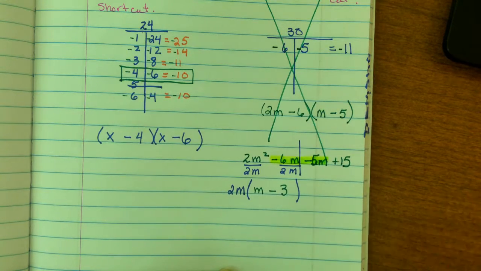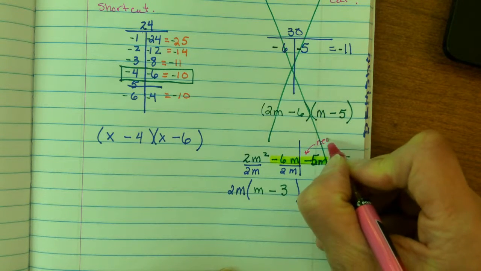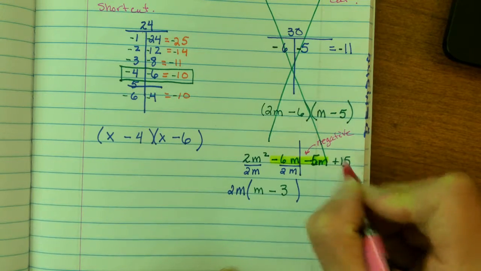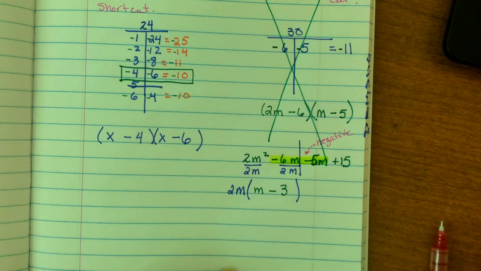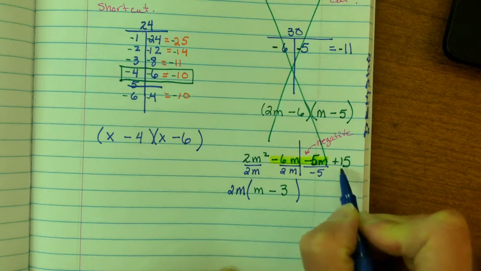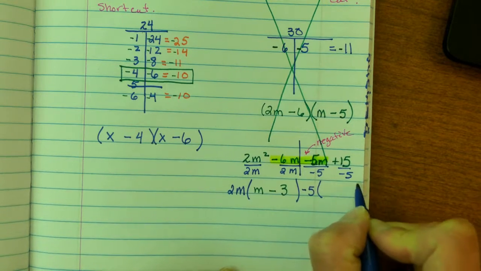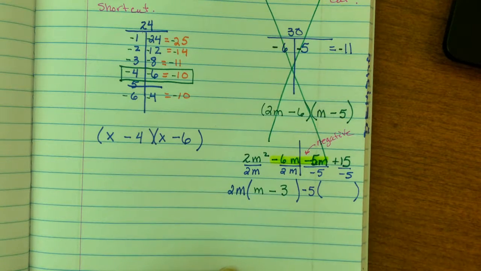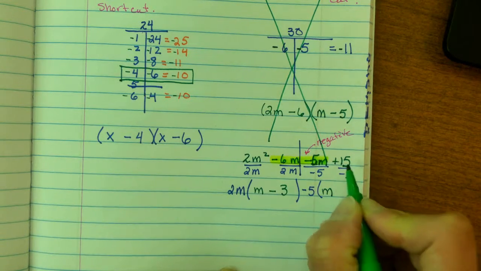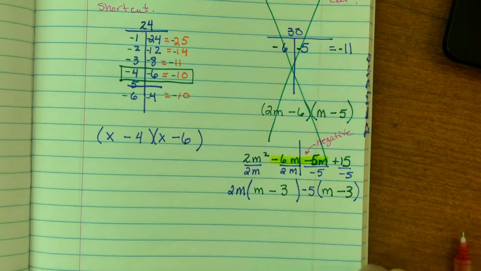Here, what am I going to factor out? I didn't have the opportunity in a previous video to show you this, but because this is negative, just the very first term in this group, I'm going to divide by a negative. So that means I'm going to divide by negative 5. So then that gives me negative 5. And what happens when I divide? Negative 5m divided by negative 5 gives me m. 15 divided by negative 5 gives me negative 3.